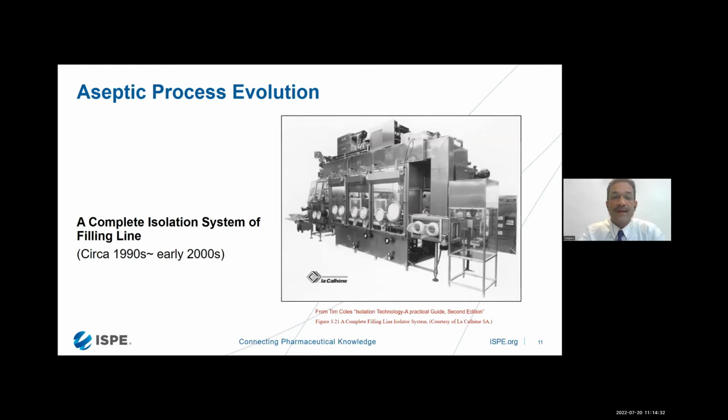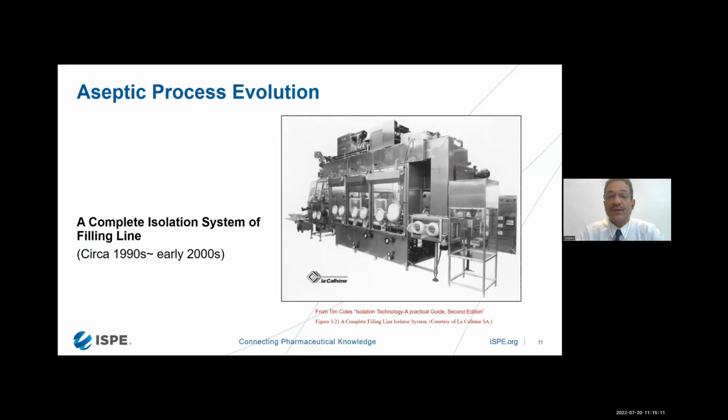Then in the 1980s or early 1990s, the isolator system started getting developed. First, isolator technology was used in sterility testing isolators, and with their success and the reduction in positive controls, since we used to have a lot of interventions or manipulations before isolator technology came in, there was more sterility assurance.